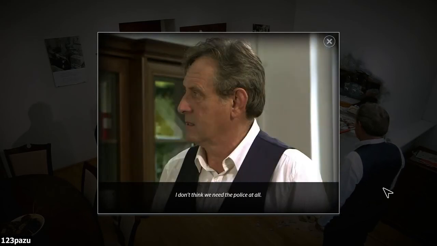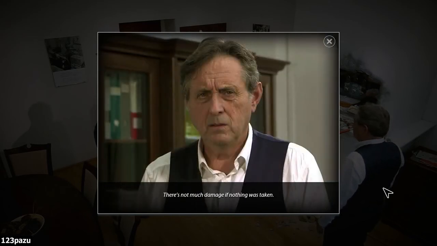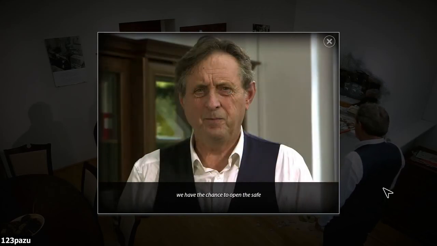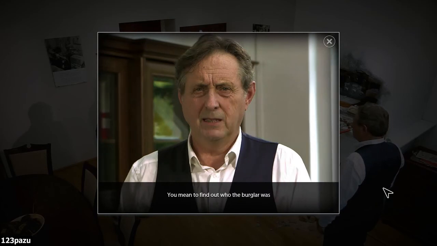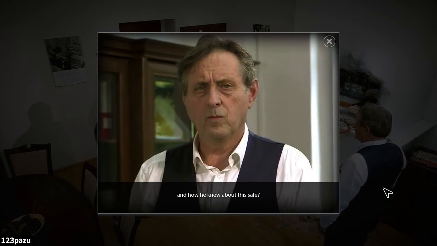I don't think we need the police at all. There's not much damage if nothing was taken. On the other hand, we found something important. A safe of unknown origin and contents, and a collection of bric-a-brac. These could be of considerable historical value for Otomki. Now, without having the police around, we have the chance to open the safe and solve the puzzle. You mean to find out who the burglar was and how he knew about this safe?